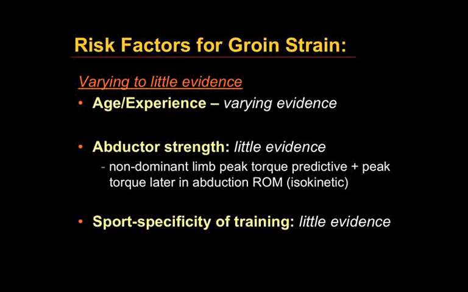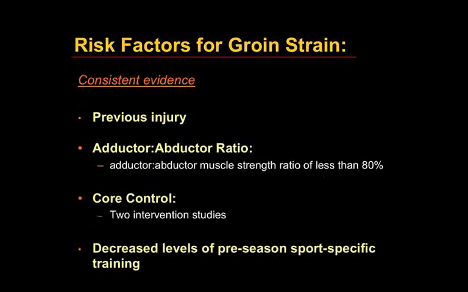For sport-specific training, there were risk factors. There was consistent evidence for risk factors for groin strain injury if the person had a previous injury of any sort in the lower quadrant or torso area. The abductor to adductor strength ratio of less than 80% was predictive for groin strain injuries, or was a risk factor for groin strain injuries. Core control: if there was decreased core control, in 2 interventional studies, it pointed towards being a risk factor.